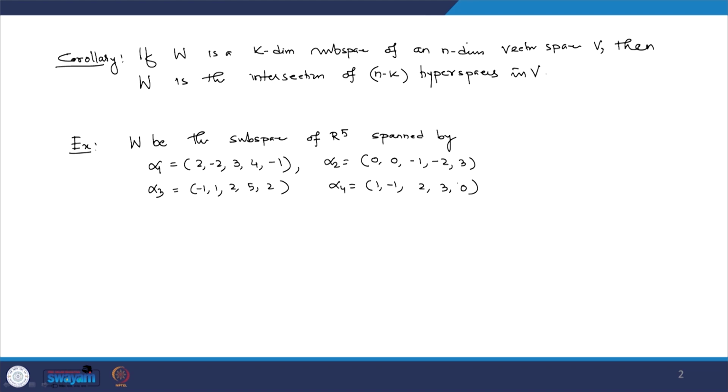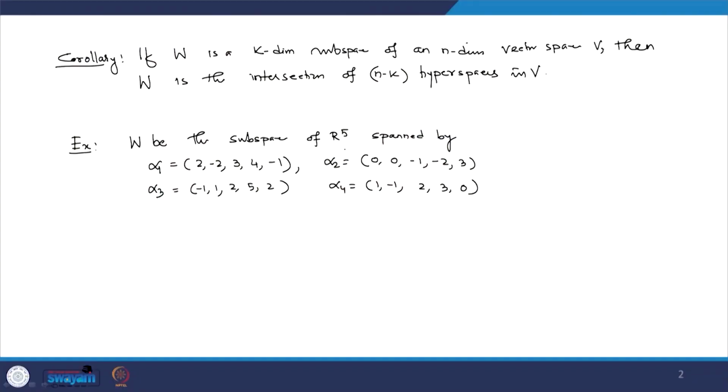If it is 3, then I have to prove that it is basically the intersection of 2 hyperspaces. That means there exist 2 linear functionals on R5 which are linearly independent of each other, and these 2 linear functionals will annihilate this subspace W. That is the meaning of the above corollary also.